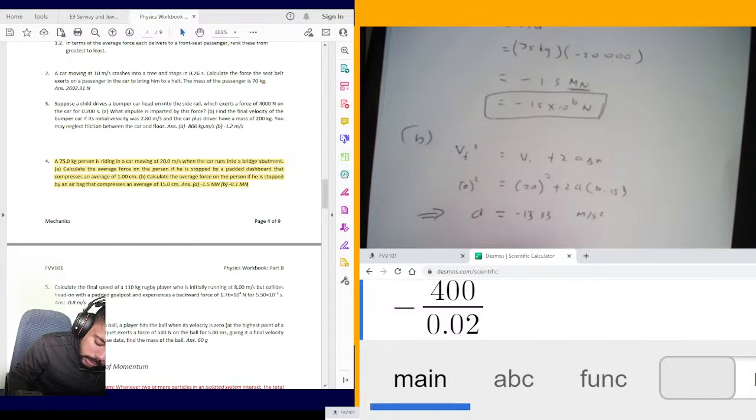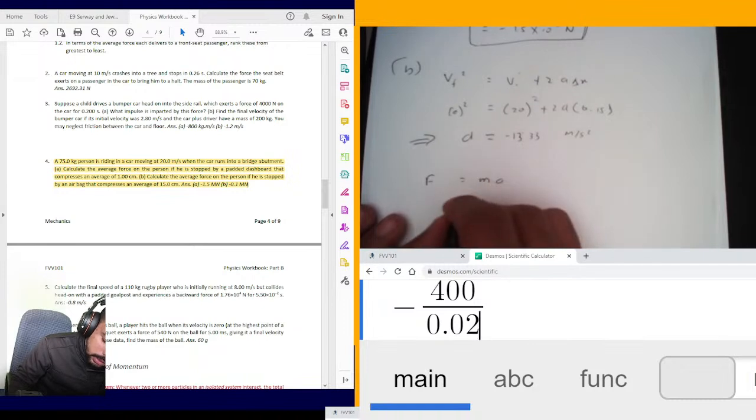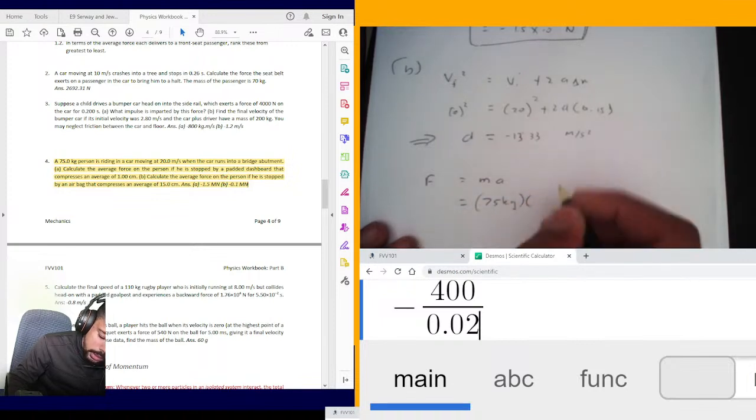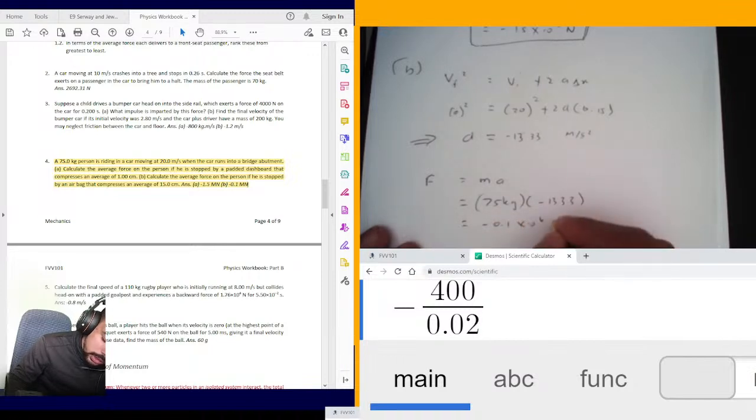And if we work it out, we see that F is equal to ma. The force is equal to 75 kilograms multiplied by the acceleration of negative 1333 meters per second squared, and the answer will then be negative 0.1 times 10 to the 6 newtons, or just negative 0.1 meganewtons.